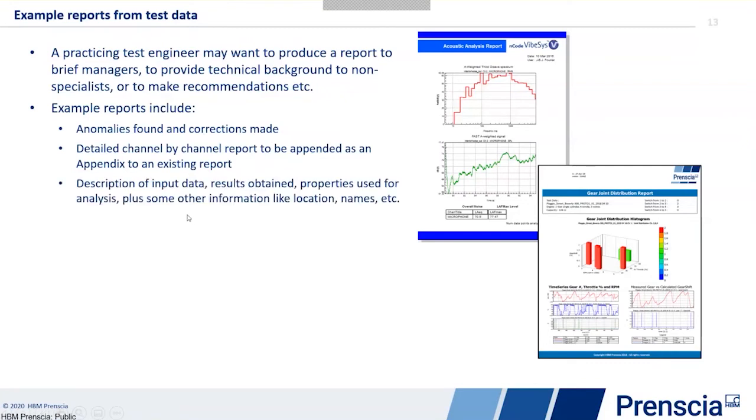Many times people are interested in describing the input data and how the result was obtained, and the properties used for the analysis. Properties in the sense of what kind of filter is used and what kind of weighting is used, something like that. Plus other information like where the data was collected, let's say the GPS location, and who drove the vehicle, so the name of the driver or the user.